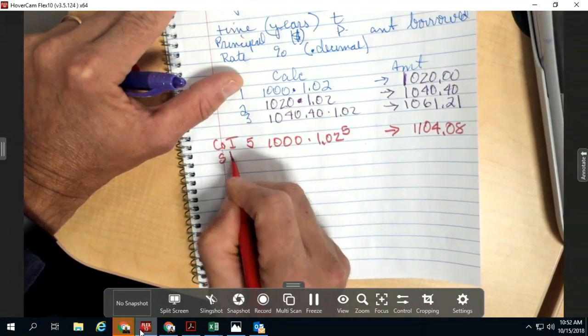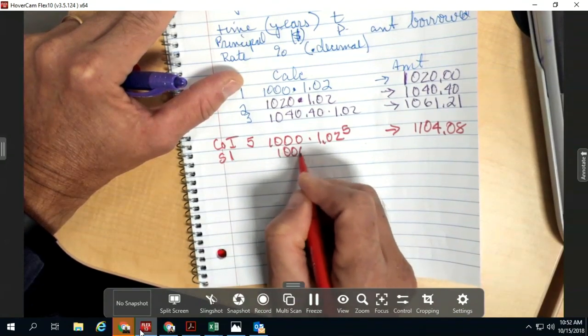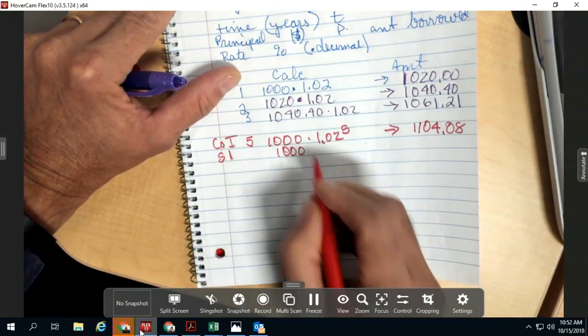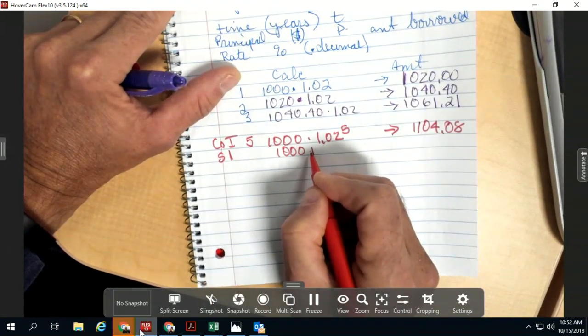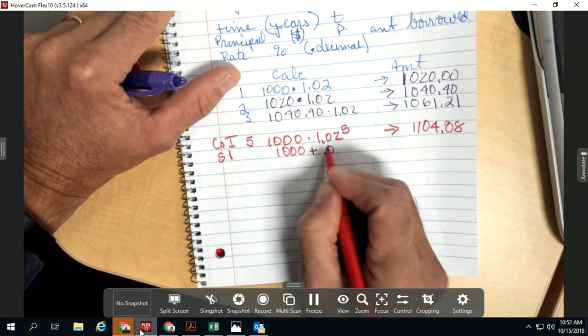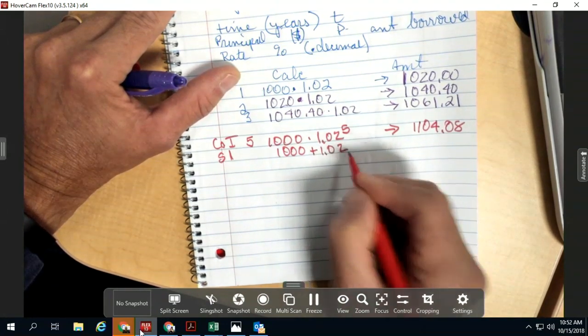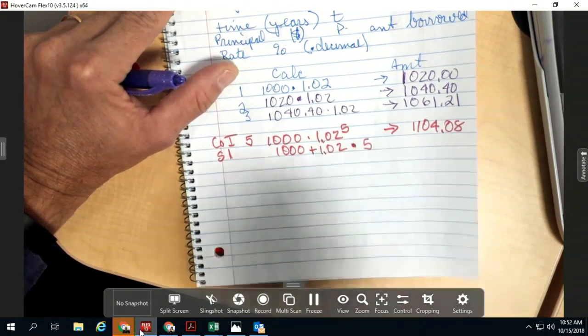If we would have had simple interest, we would have taken $1,000 plus 0.02 times 5.